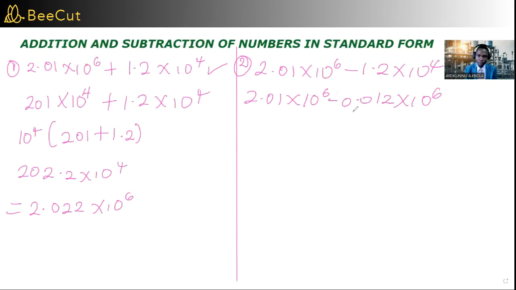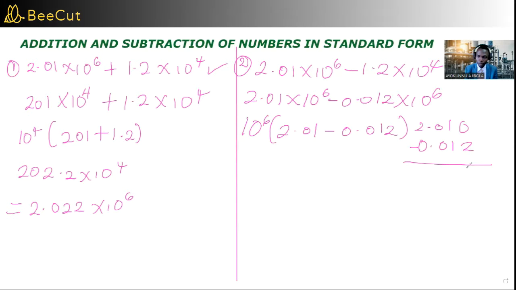Now they have power of 6, factorized power of 6, 10 raised to the power 6, then 2.01 minus 0.012. So let's subtract again. 2.01 minus 0.012. That means there should be 0 here.